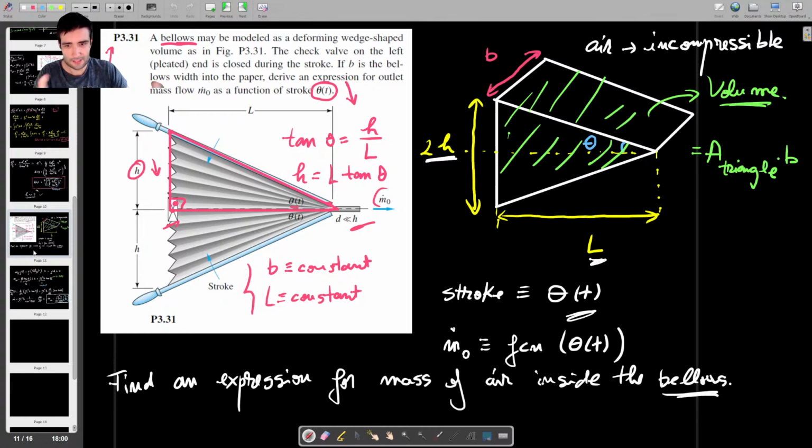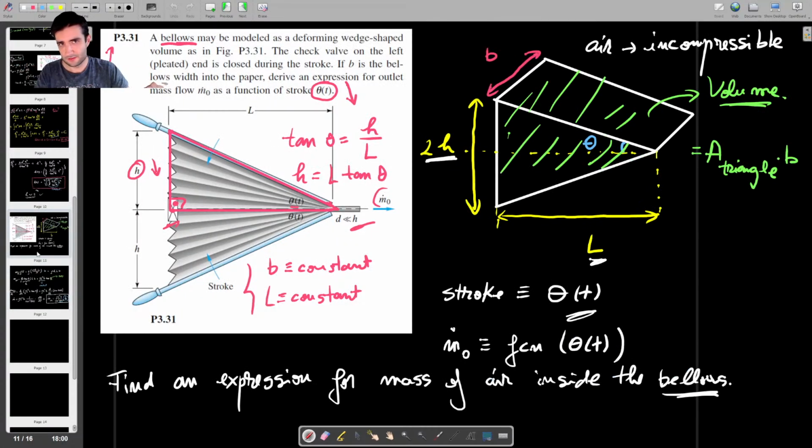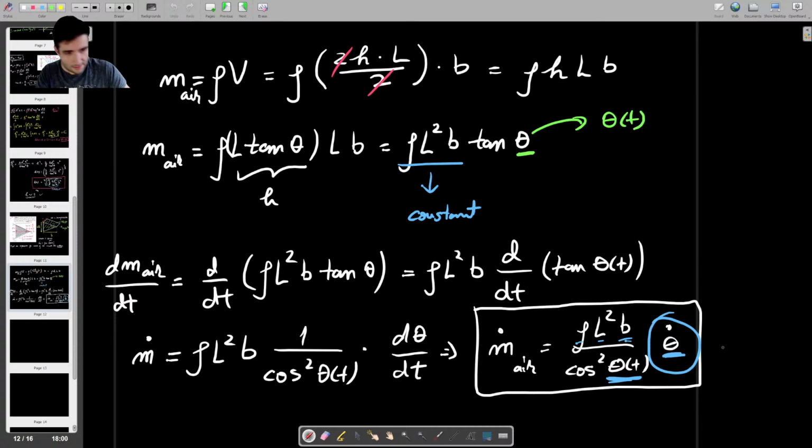So if theta dot is big in magnitude, it means I'm closing the bellows as fast as possible. So that's gonna correspond to a high mass flow rate going out. Whereas, if I do this very slowly, then theta dot is gonna be small. So I have a small mass flow rate, pretty much. Okay, and that's basically it.